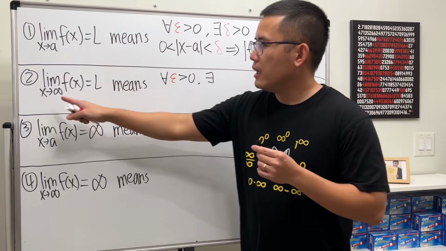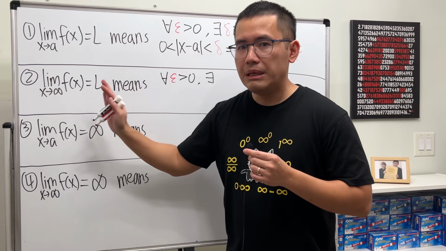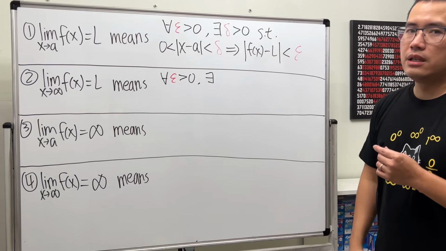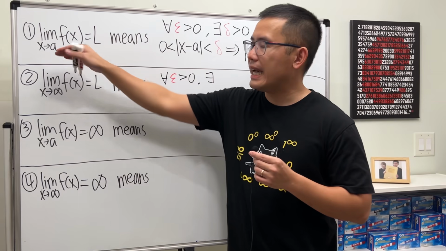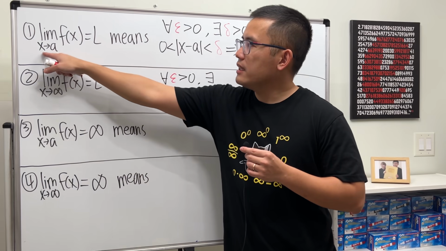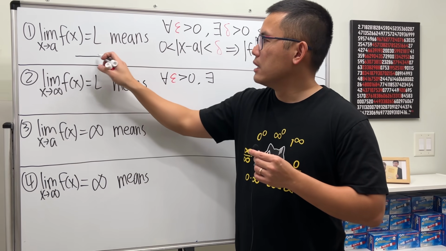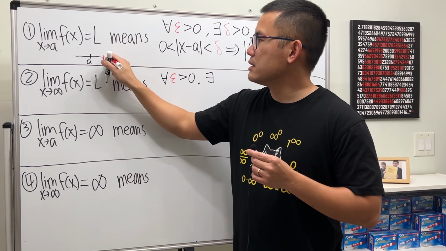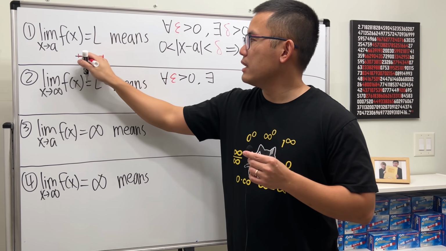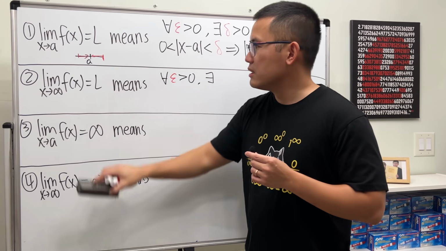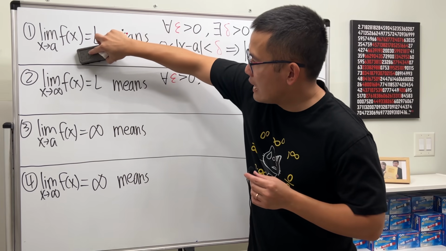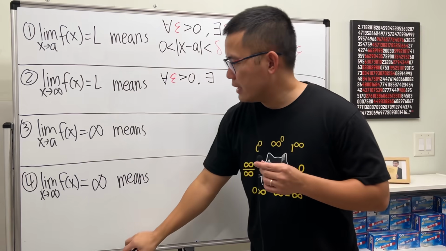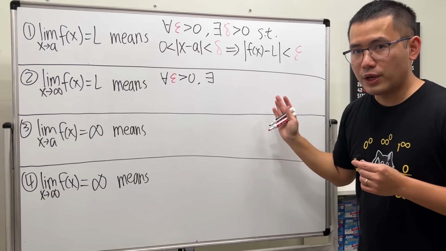Rather, when x is approaching infinity, it means that x is going far, far, far to the right. So it's very different from the idea here. Again, with x approaching a, let's say a is right here, and x is just approaching from the left or from the right, like this. But when we have x approaching infinity, it means that our x is going far, far, far to the right.